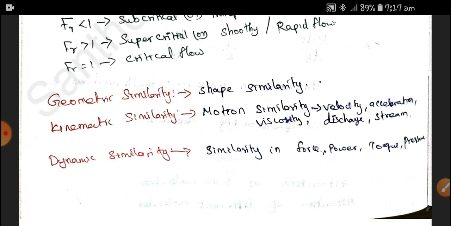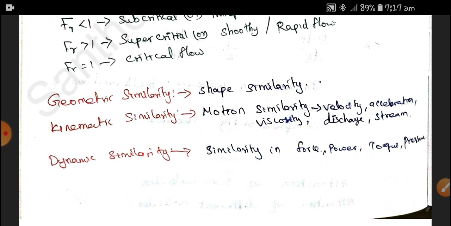That is why the shape similarity is called geometric similarity, whereas kinematic similarity is the motion similarity like velocity, acceleration, discharge, stream, and viscosities. All those things come in terms of kinematic similarities.